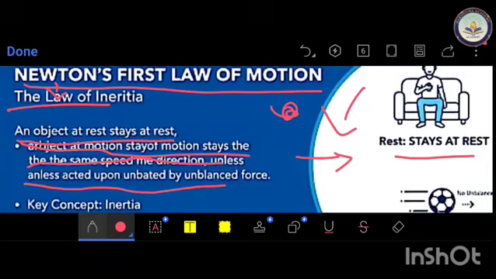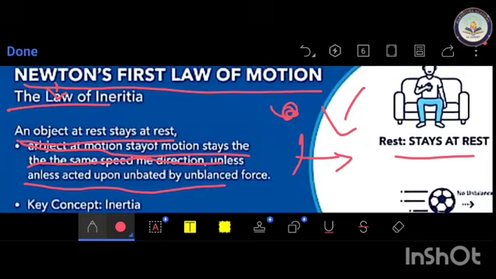Then the ball starts moving. Next, the ball moving with a uniform speed in a straight line continues unless an external unbalanced force is applied on it. Another kick changes its speed, or it comes to rest.